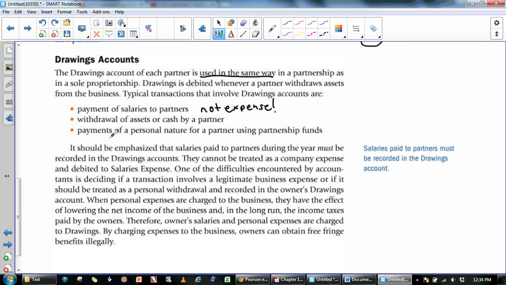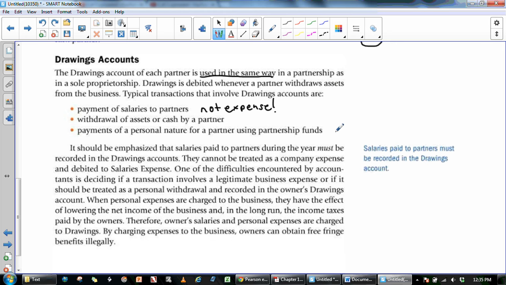Okay, that's important. It's not an expense, it's a withdrawal, it's a drawing. Okay, so the partner may take out assets. So the partner may take the computer from the business and take it home, all right? Or make a payment of a personal nature. So maybe the partner makes her son's university tuition payment from the business's funds. That's a withdrawal. That's the same thing as paying a salary to a partner, okay? Because that's personal stuff.